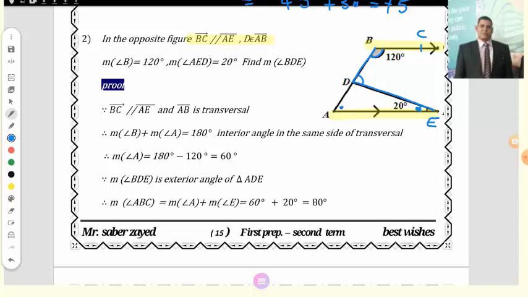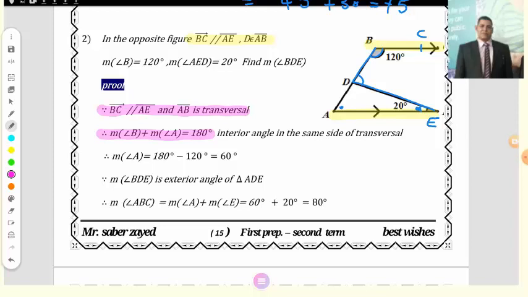Proof: since ray BC is parallel to AE and AB is a transversal, then measure of angle A plus measure of angle B equals 180 because they are interior angles on the same side of the transversal.